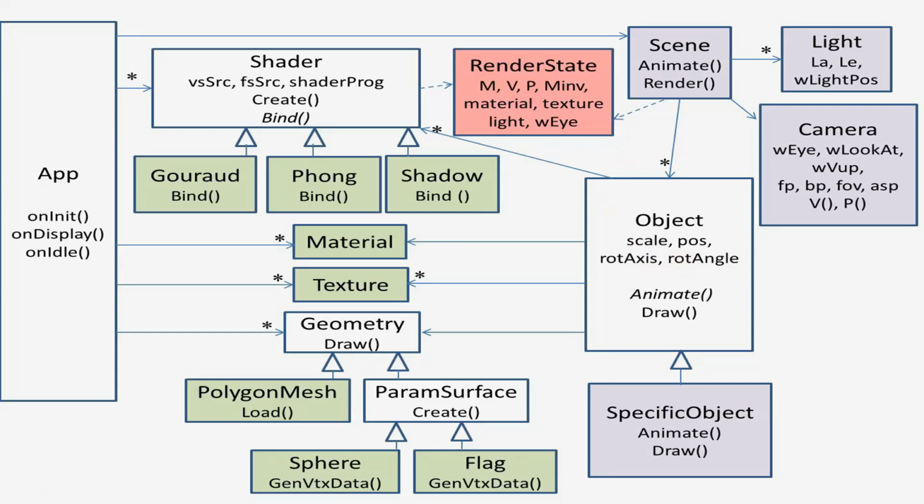Thus, we introduce a kind of communicator object called the render state in between the shader and the object. Objects fill up the render state as they wish, and the shader fills up its uniform variables based on the content of the render state.